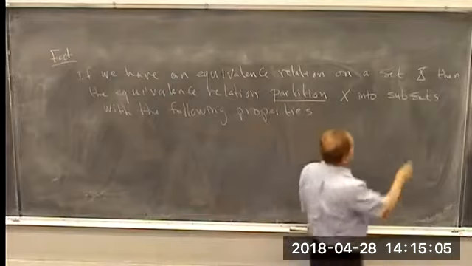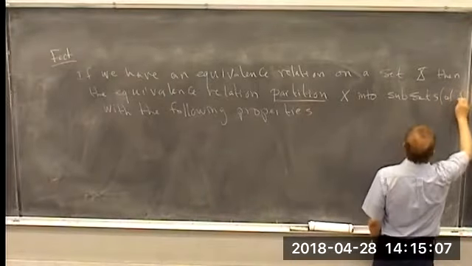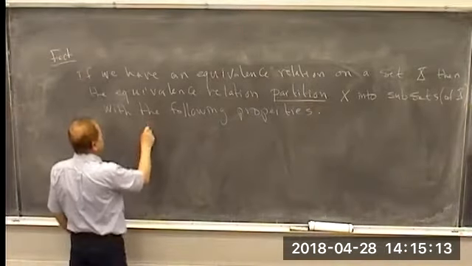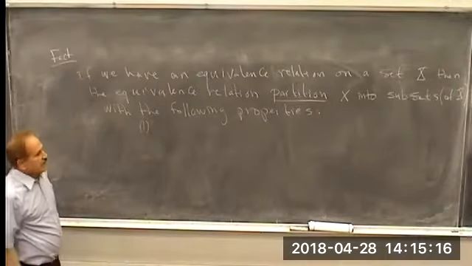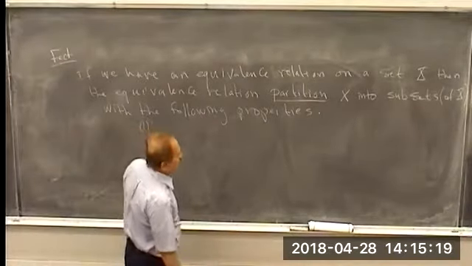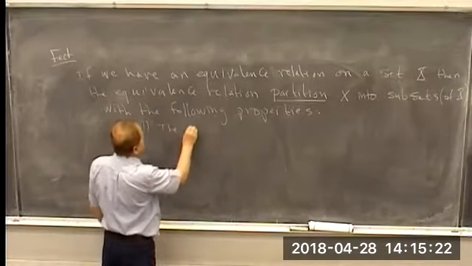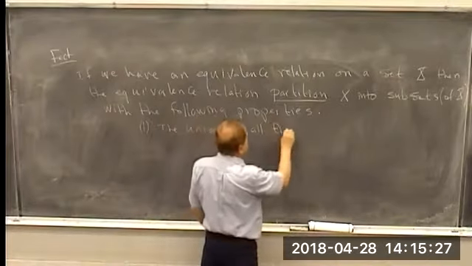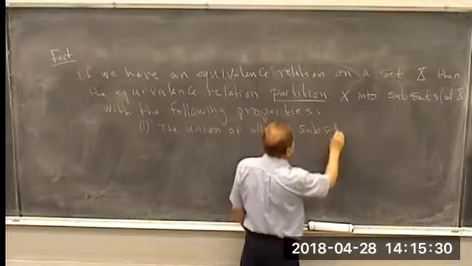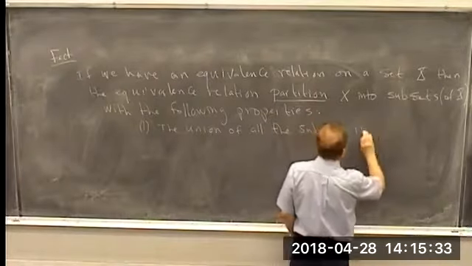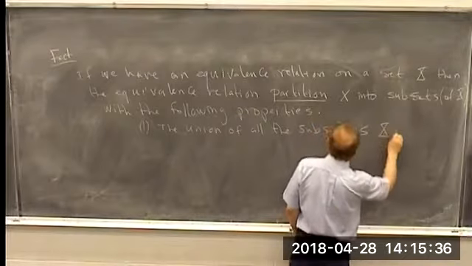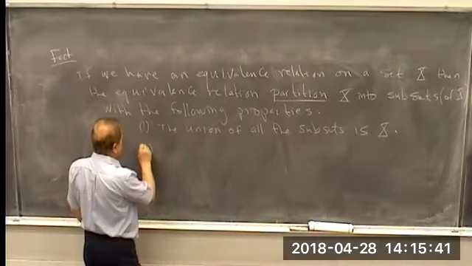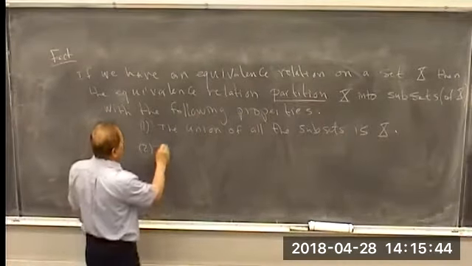Of course, these are subsets of X, with the following properties. First, the union of all the subsets is X. Two, the subsets are disjoint.